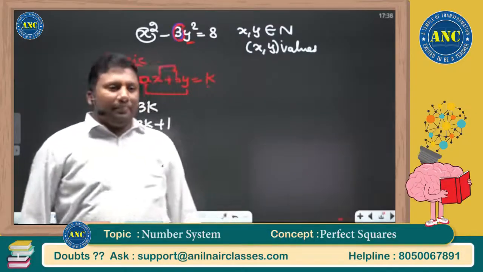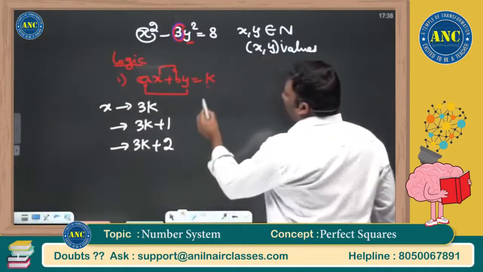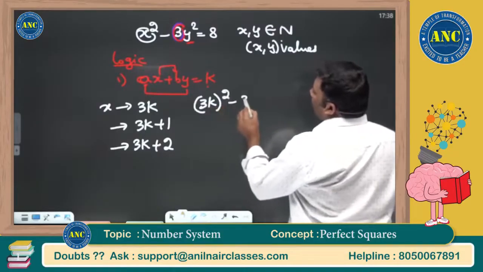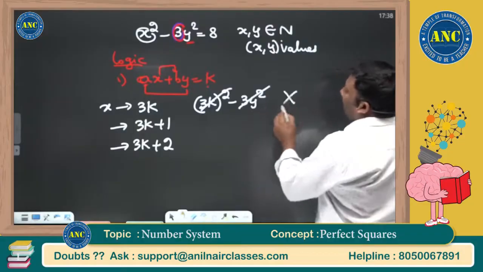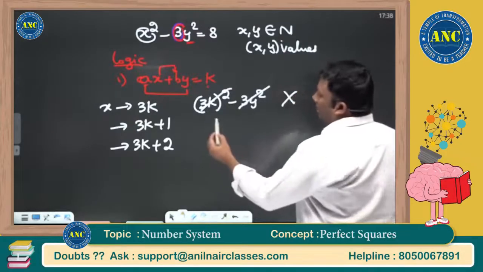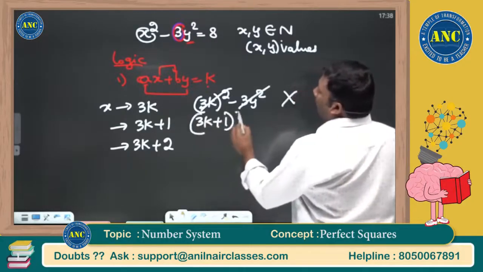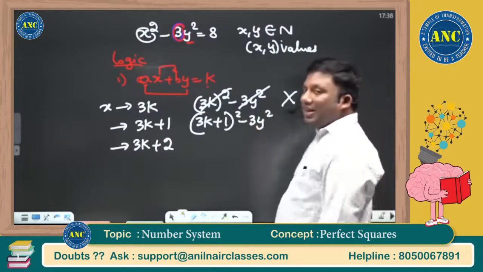First case, 3k whole square minus 3y square, divisible by 3, divisible by 3. Right hand side 8 is not divisible by 3. First case not possible.